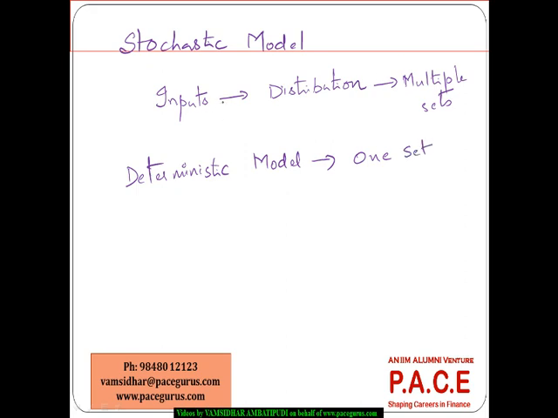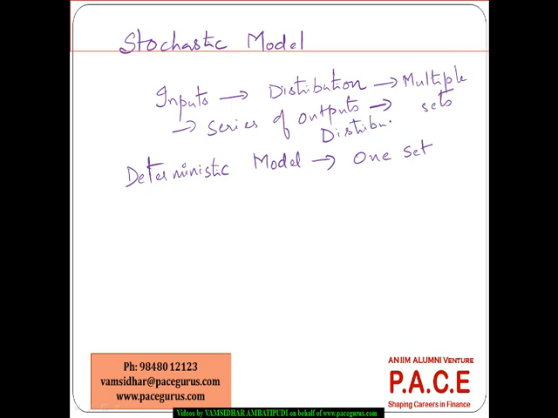Whereas when I'm going with a stochastic model, the inputs are changing as per a probability distribution, which means I will get a series of outputs, and I will look for the distribution of these outputs.